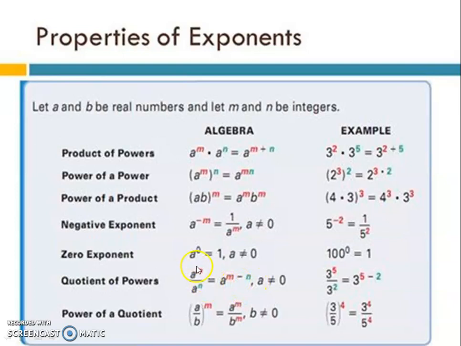That means if the same number is in the numerator and denominator with different indices, we write a raised to the denominator's index as negative, using the negative exponent property first, and simplify. Power of quotient is a upon b, the quotient, with the same index; then we can distribute a raised to m upon b raised to m, but remember the denominator b is not equal to 0.